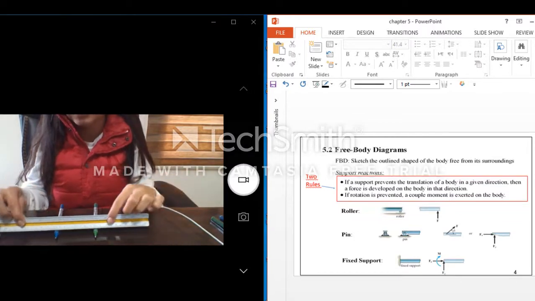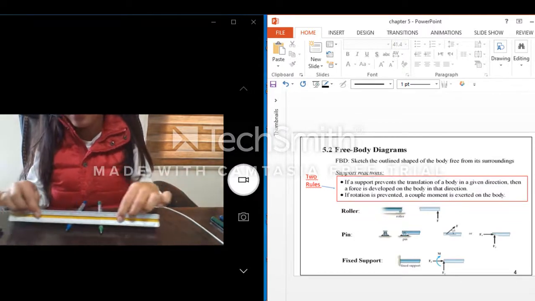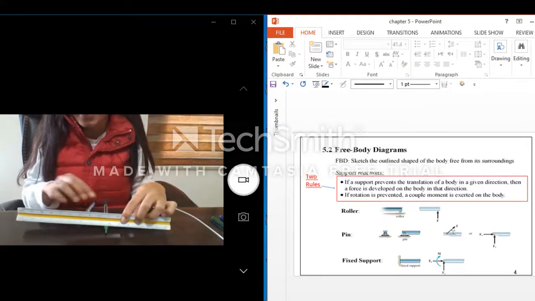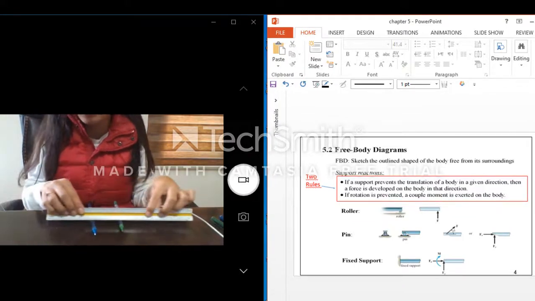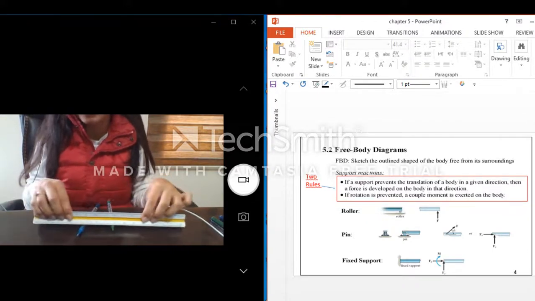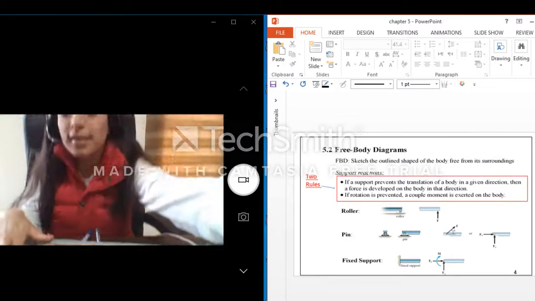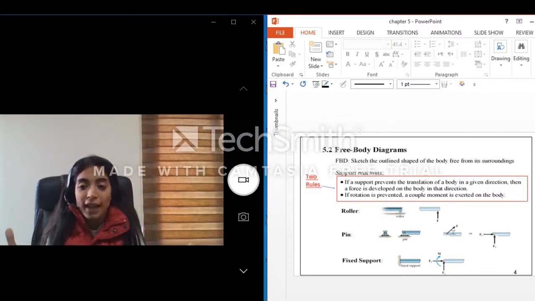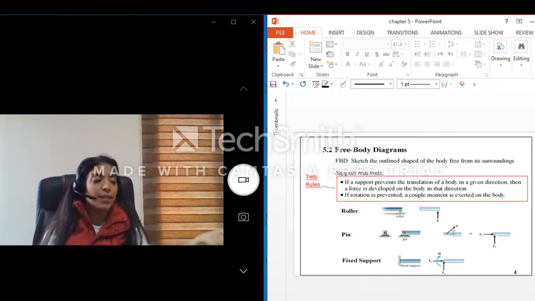However, guys, this beam can do a translation. And this means, guys, that these two rollers cannot prevent the beam from doing this horizontal translation. And this means, guys, that I do not have a horizontal reaction caused by these two rollers on the beam. Now the second case is the pin.